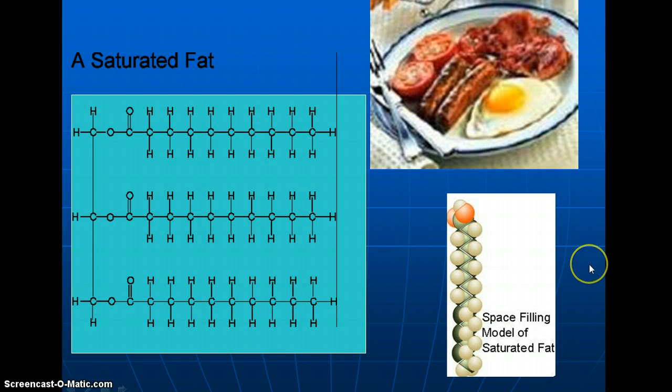So some examples of triglycerides are saturated fats. So here again, here's the glycerol backbone, it goes here, and then you have the fatty acids. And if you can see here, this is a saturated fat, and that is because we have all single bonded carbons. It is completely saturated with hydrogens.